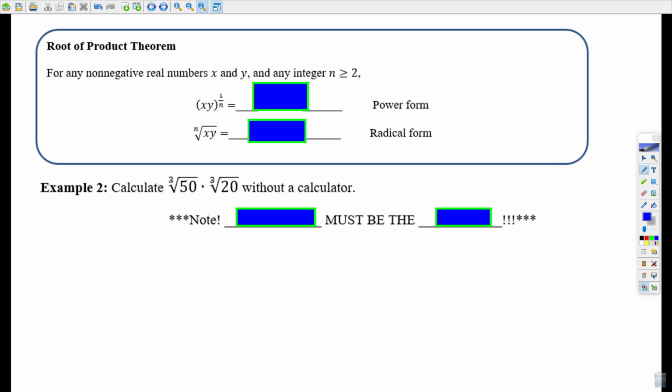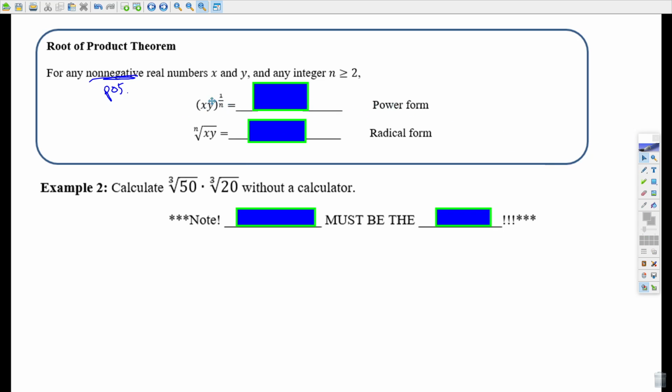Okay. So in general, we can say this about any root. We don't have to be talking about square roots. So for any non-negative real numbers x and y, so non-negative, talking about positive, and any integer n greater than or equal to 2. So the number that's in here in the index has to be bigger than or equal to 2. You talk about square roots, the cube roots, fourth roots, and so on.